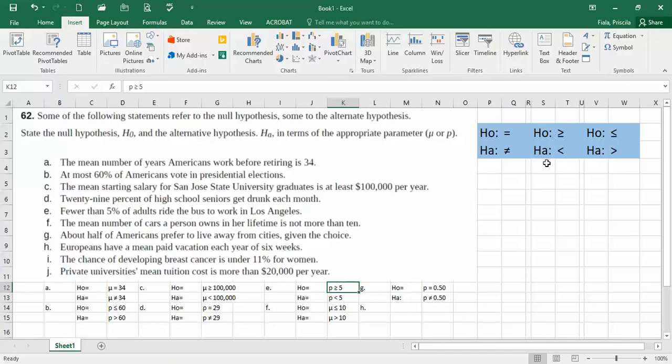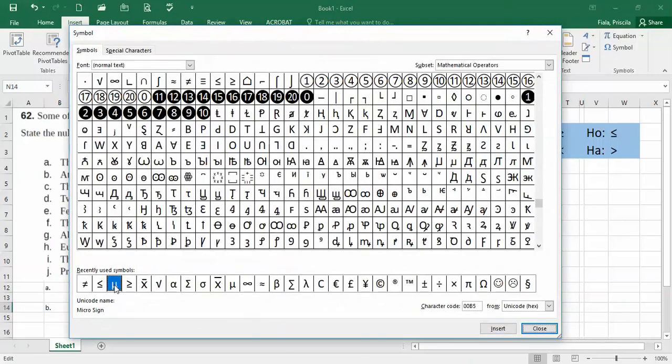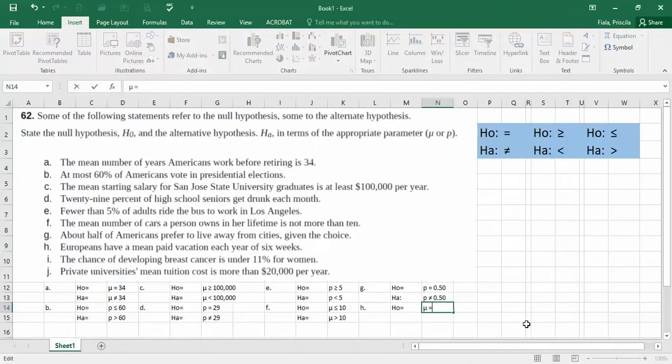Therefore, the null hypothesis is that my mean equals 6, and the alternative is that my mean is different than 6.